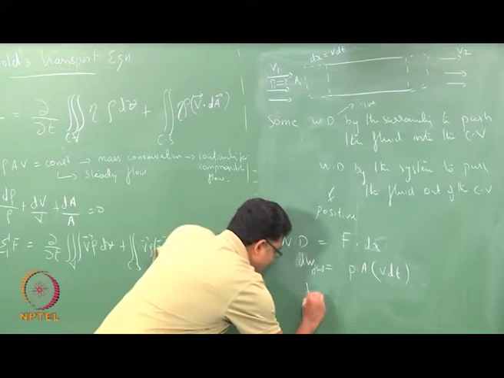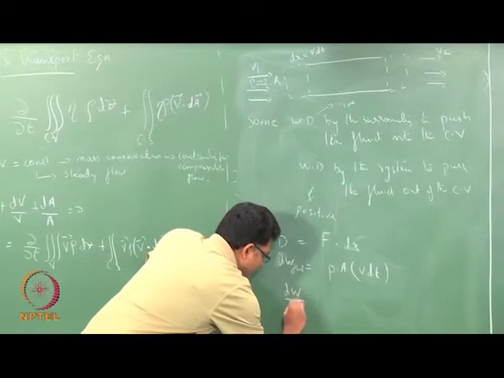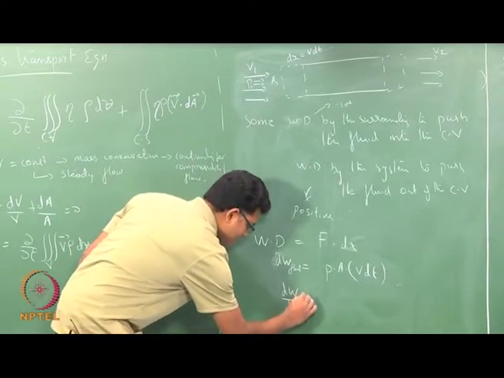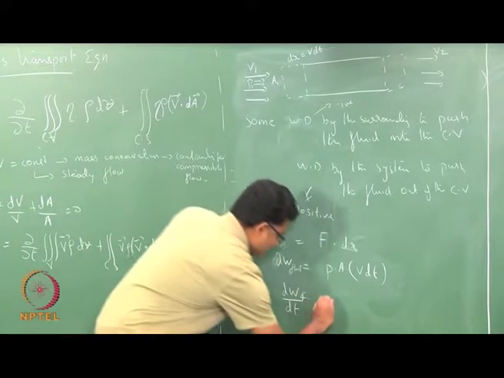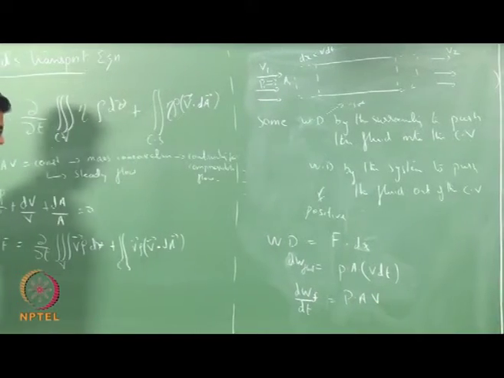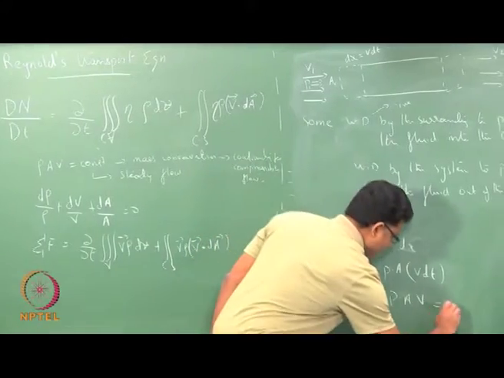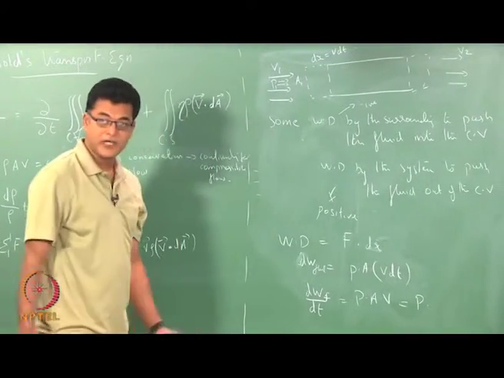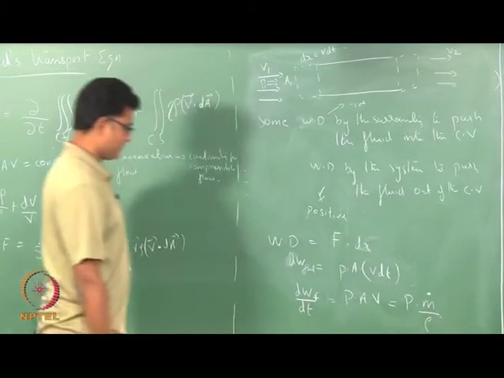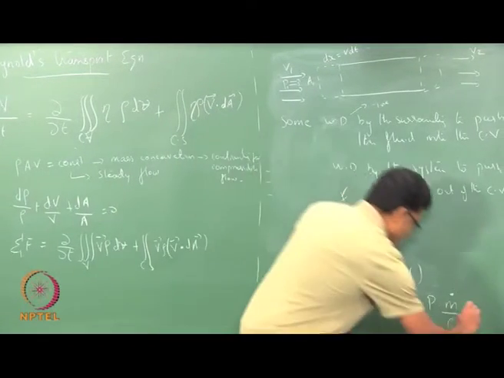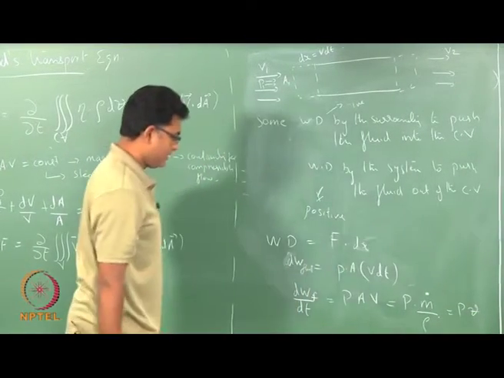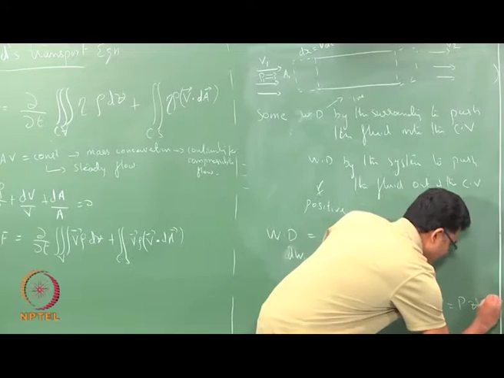So, dW by dt, let us take fluid, equals P into A into velocity, which I can rewrite as P into m dot by rho, which I rewrite again as P into specific volume v into m dot.